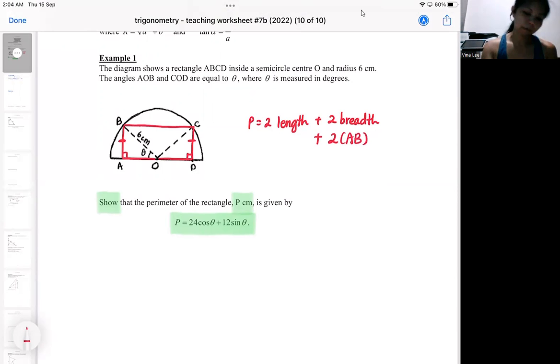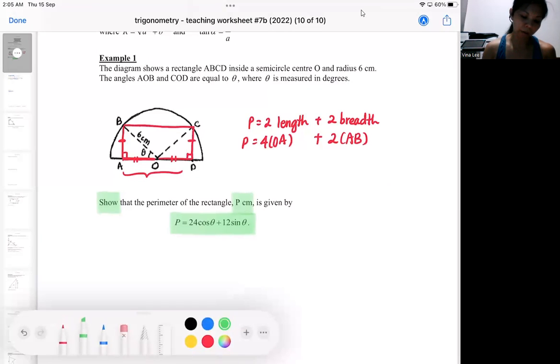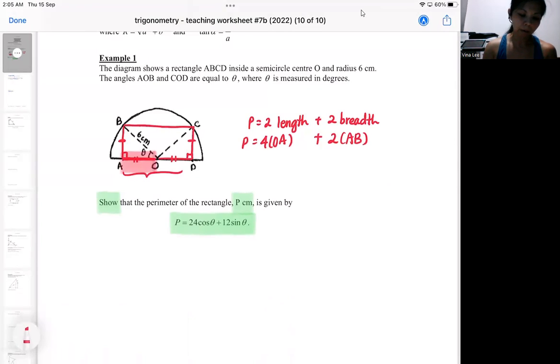The length is like 4 sets of OA. Can you see, this part, I got 4 portions of it. 1, 2, 3, 4.